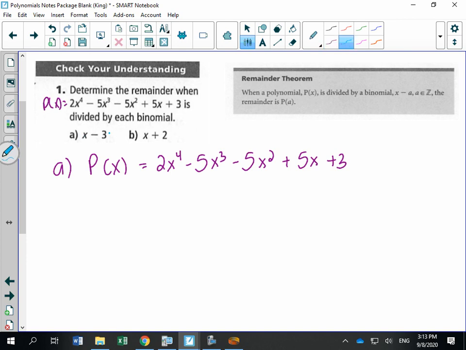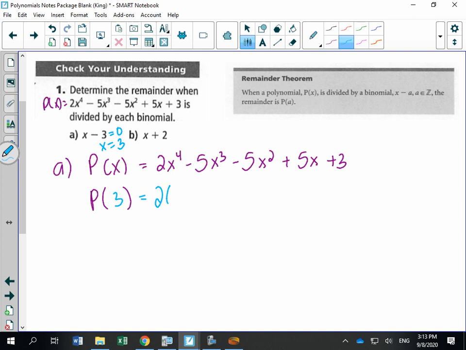So if you let your binomial equal 0 and you solve for x, x is going to be equal to 3. So what this question is actually asking us is to solve for P of 3 for A. And what happens is when we put 3 in for x, so we take our x's out and substitute 3 inside, the answer is going to be the remainder of this polynomial when it's divided by that binomial.